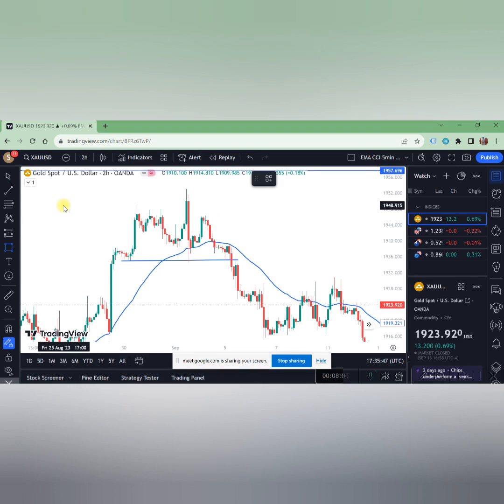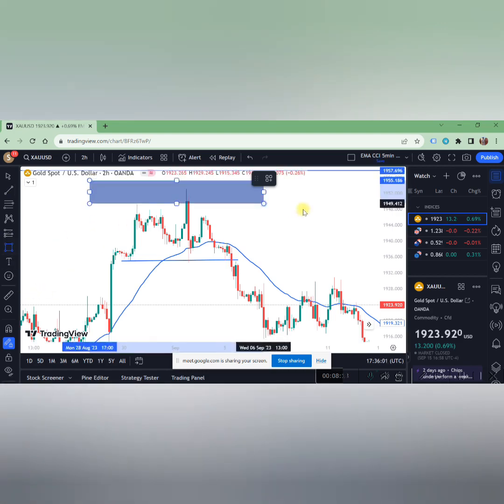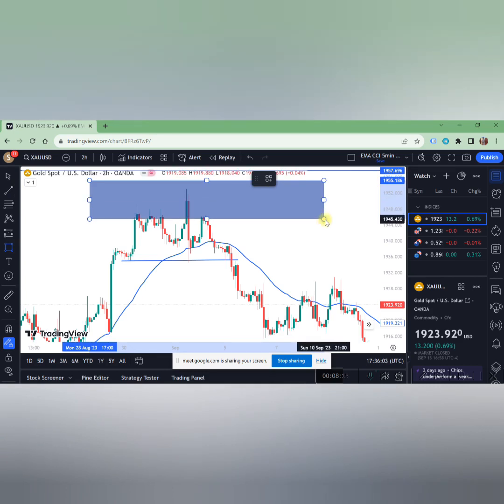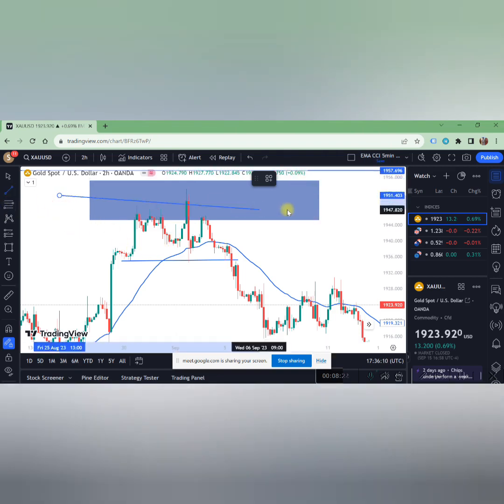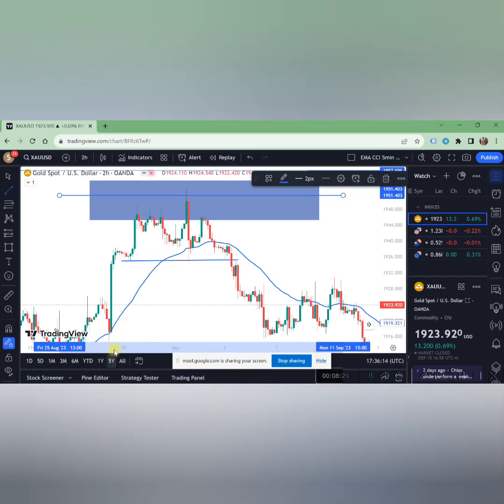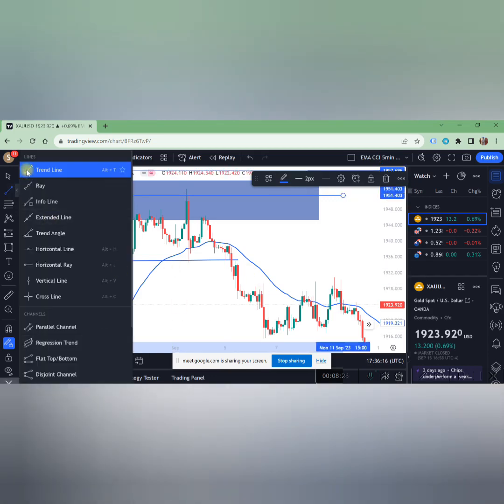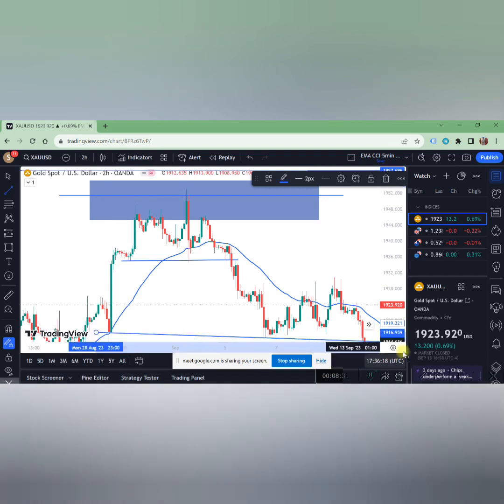I have a chart in front of me, a Trading View chart, and as you can see, we talked about support and resistance. One of the beautiful things about support and resistance is that it's not a point. I know most of the time when you see it on the chart, it's just one line that they will draw and tell you this is the resistance zone, and this is the support zone.